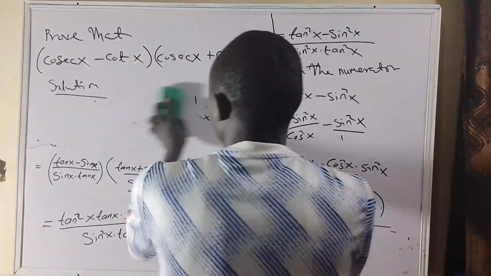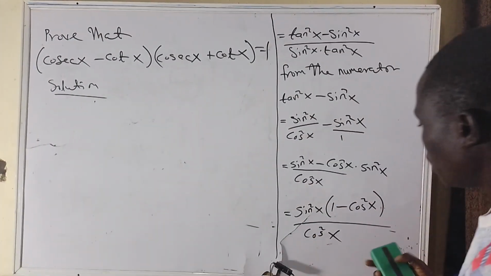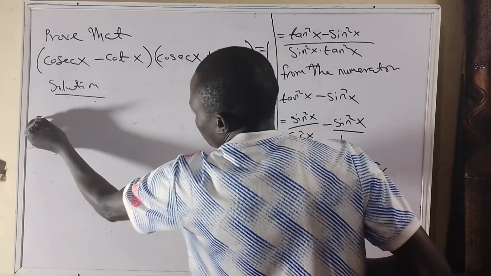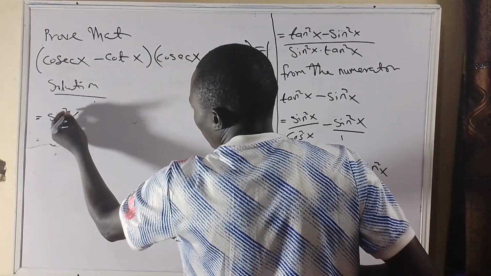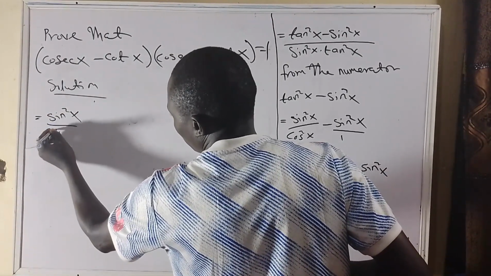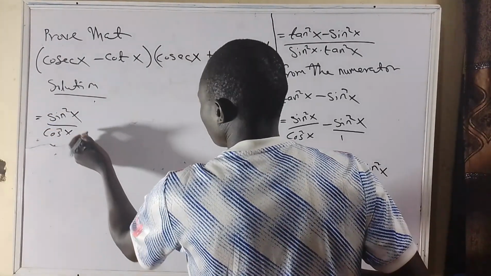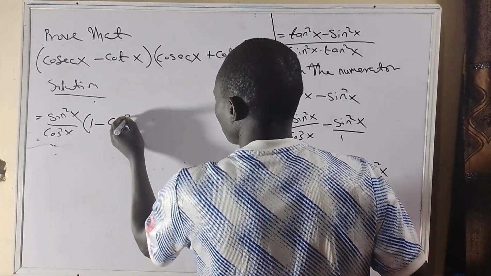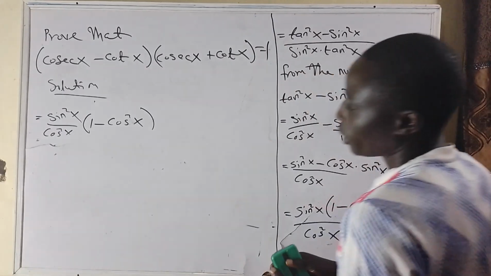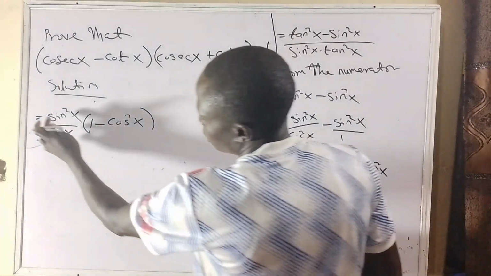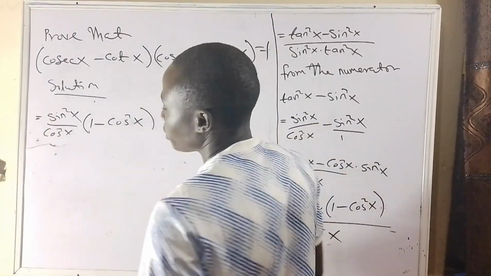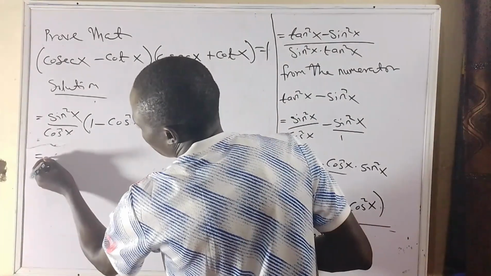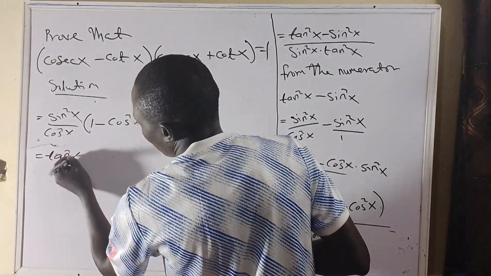So this is the same thing as sin square x over cos square x, open bracket, 1 minus cos square x, close bracket. And we know that sin square x all over cos square x is the same thing as tan square x. So now we can put it as tan square x.